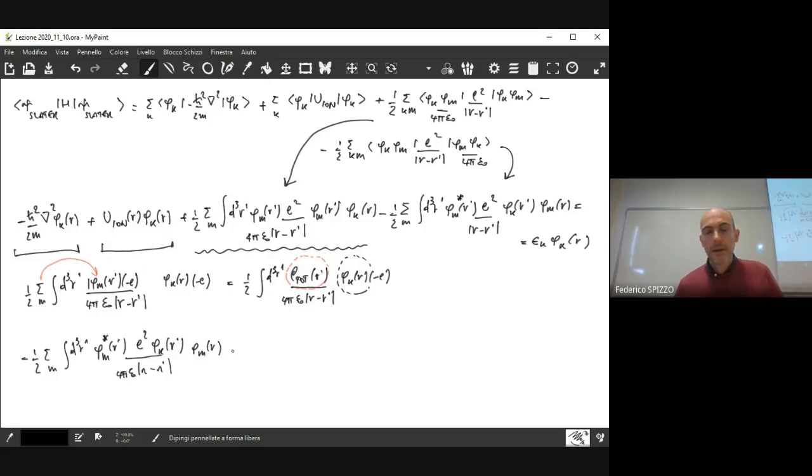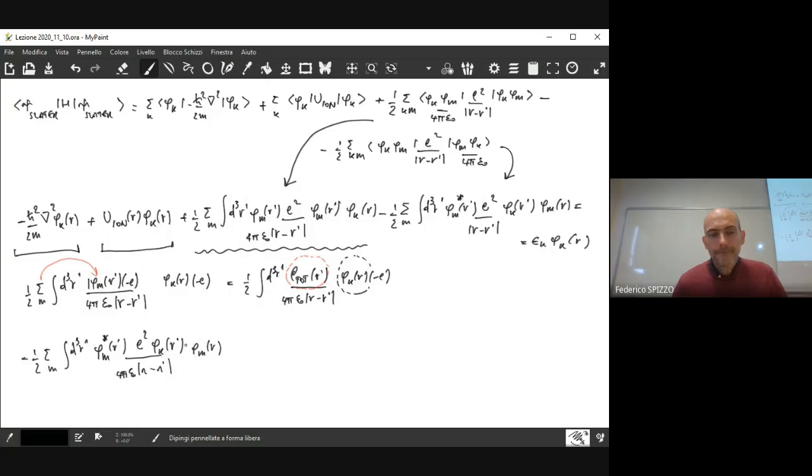This resembles somehow the pseudo-potential, because in the pseudo-potential the wave function that we tried to use for the evaluation of the energy was within the integral that we used for the definition of the pseudo-potential. So also in this case, the wave function that we want to use as a solution of the Schrödinger equation is within one integral.